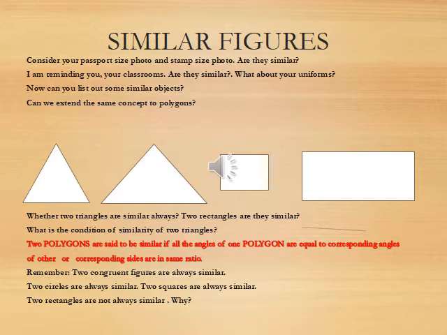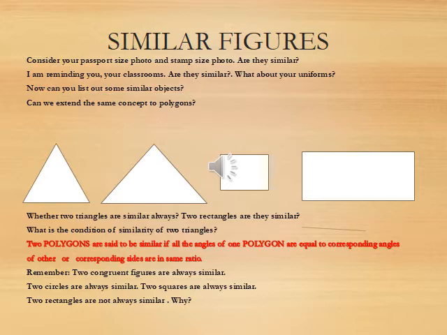And remember, two polygons are said to be similar if all the angles of one polygon are equal to corresponding angles of the other and corresponding sides are in the same ratio. Remember, two congruent figures are always similar. Recall congruency, equal in all aspects.